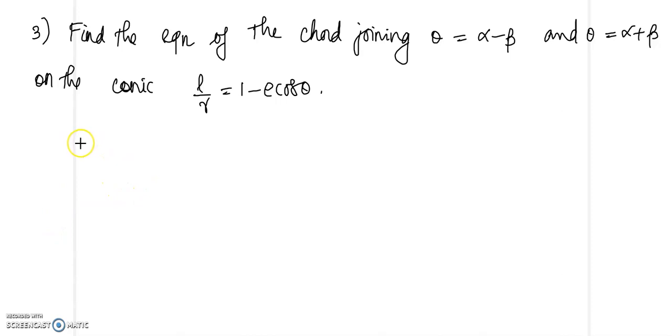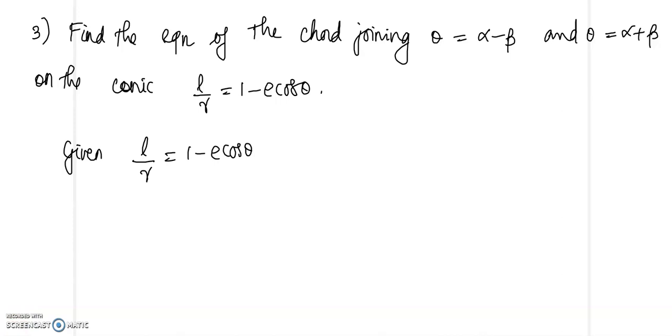We are given the conic L by r equal to 1 minus e cos theta. So we need to find the equation of the chord joining theta equal to alpha minus beta and alpha plus beta. Now the chord will have the equation of a line.